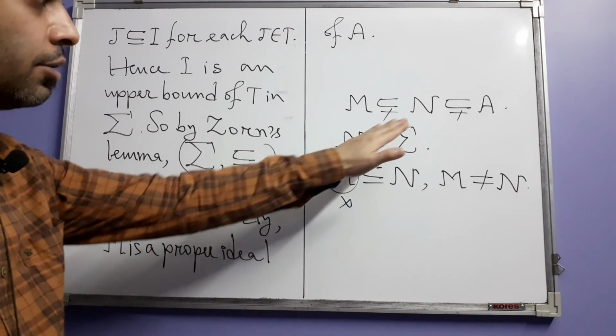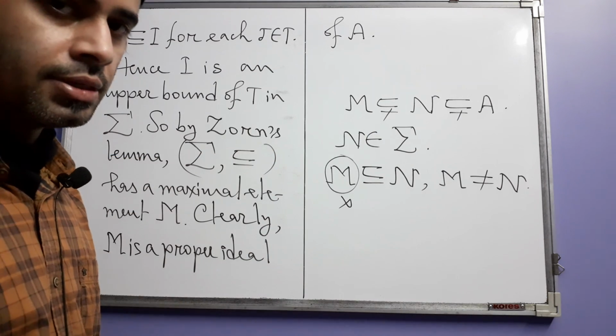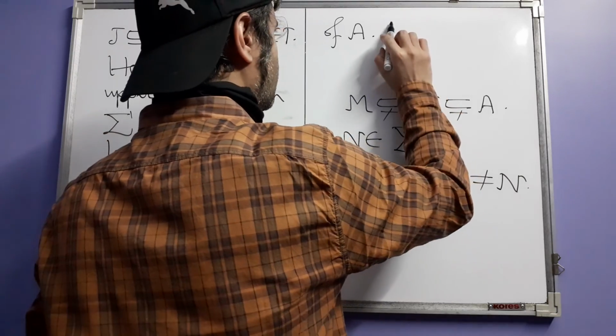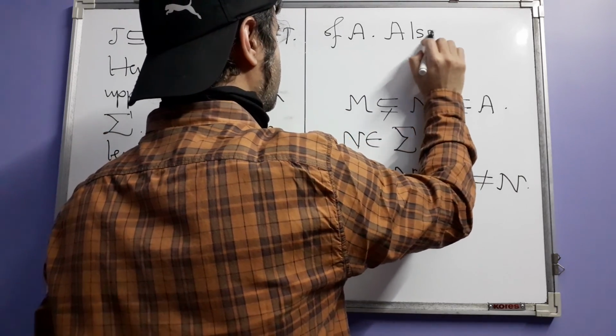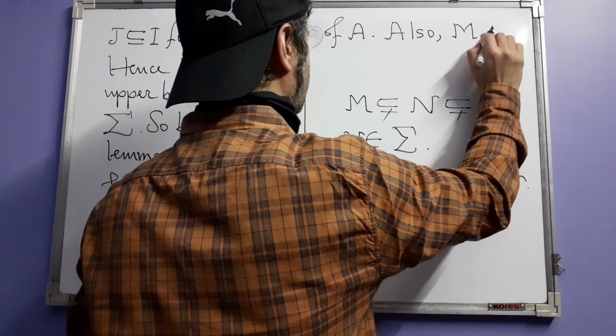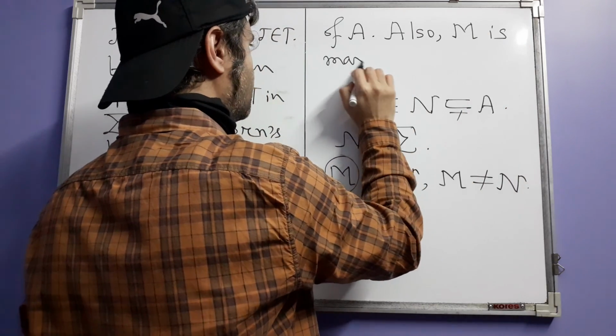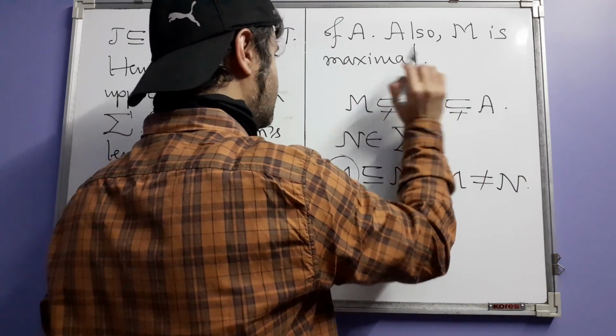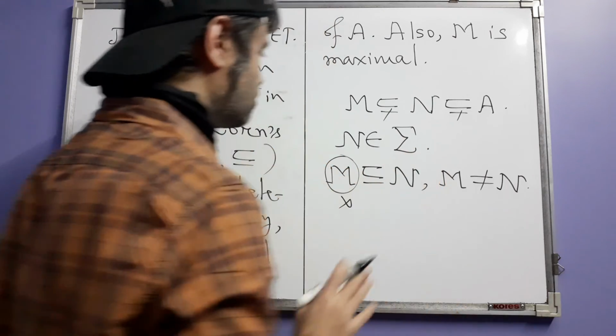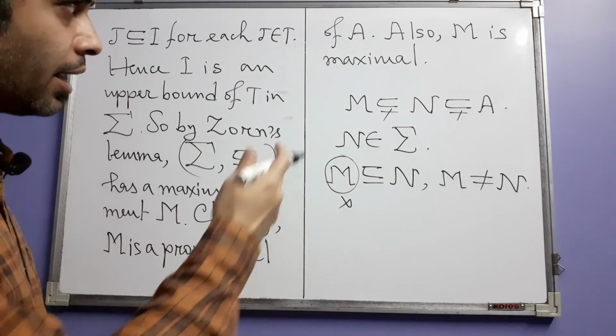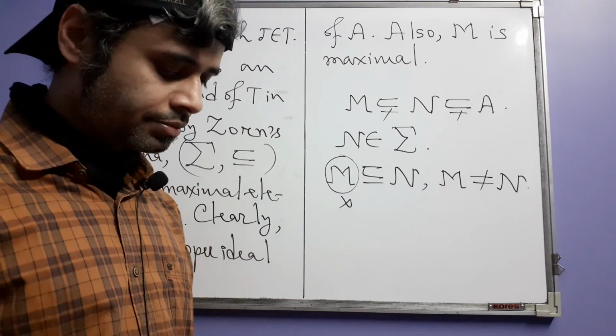And that is why no such ideal N can exist. M is maximal as an ideal, and that's how we see that A must have at least one maximal ideal.